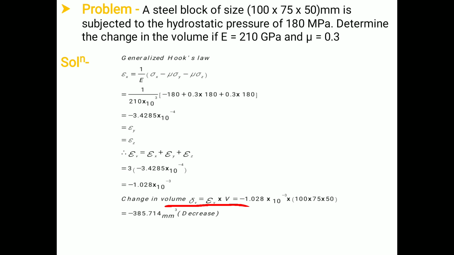We have the change in volume equal to minus 385.714 mm cubed. That minus sign indicates that there will be a decrement in its volume under the action of hydrostatic pressure.